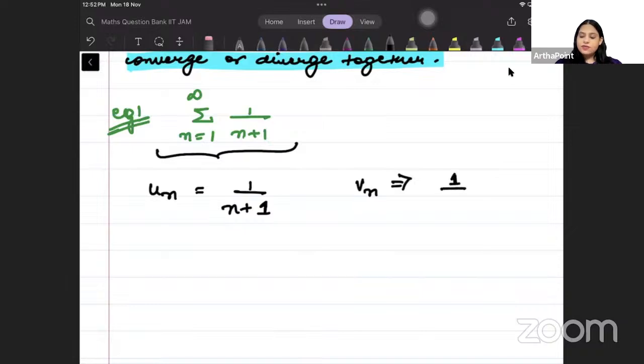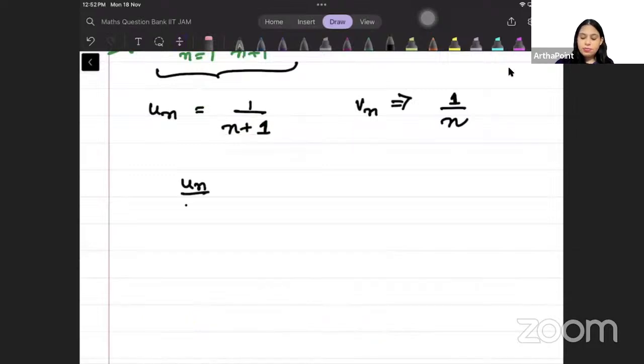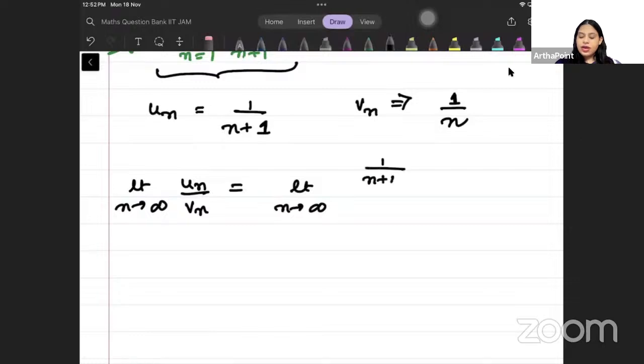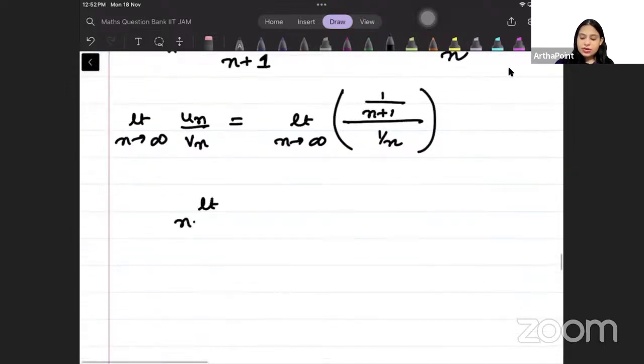So I can take Vn to be 1 by n. Now if I do Un by Vn, limit n tends to infinity, this will be limit n tends to infinity 1 upon n plus 1 divided by 1 upon n. So here I will get limit n tends to infinity n upon n plus 1.